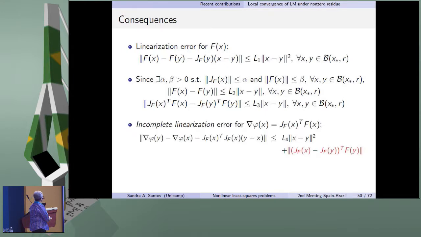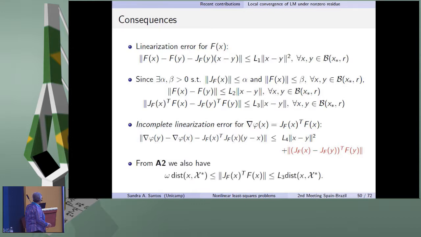And we use this incomplete linearization for the gradient, in which we are not considering the second-order derivatives part of the Hessian. That's why we called it incomplete. And that's why we do not have only this squared term, but also this remaining one that we have to take care of. And finally, because of the error-bound condition and using this Lipschitz continuity, we have this relationship concerning the norm of the gradients along the analysis.